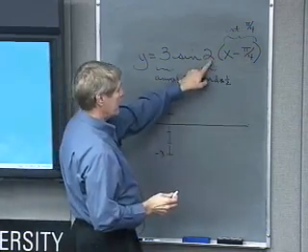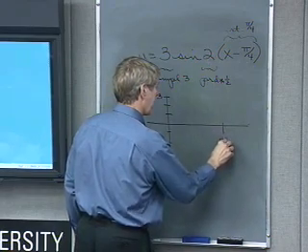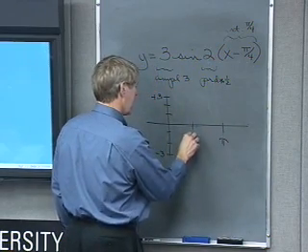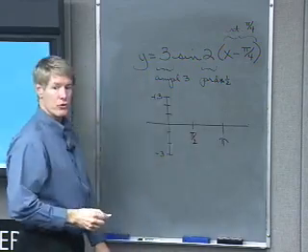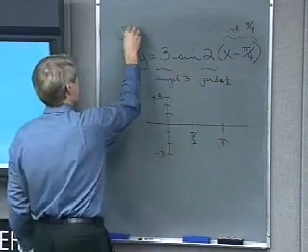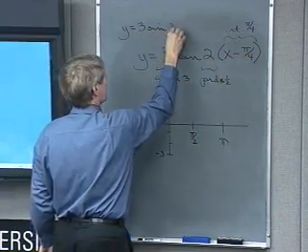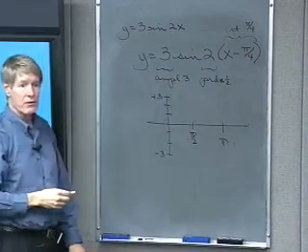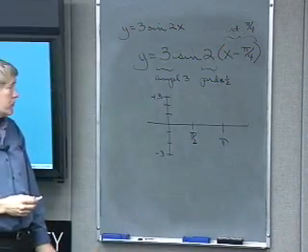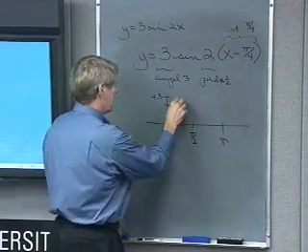The period has been cut in half, so we're going to be finished at pi. So we'll be halfway done at pi over 2. So if I just graph that, I think I can handle those 2. Then I know I'm going to climb up here to 3, be halfway done at pi over 2.